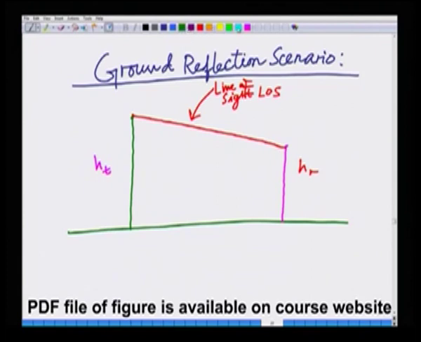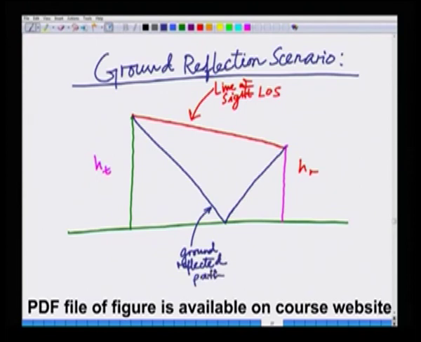There is also another path, which is a reflected path. This path is essentially the ground reflected path, such that the angle of incidence theta and the angle of reflection are equal.